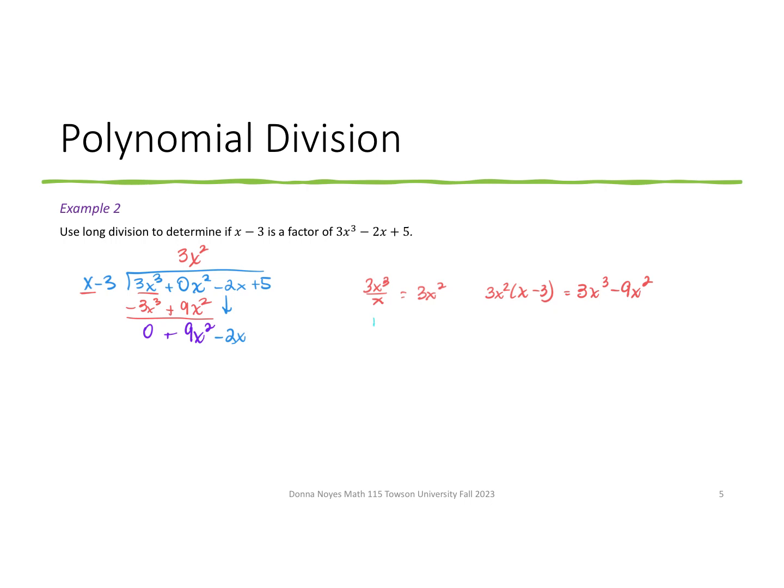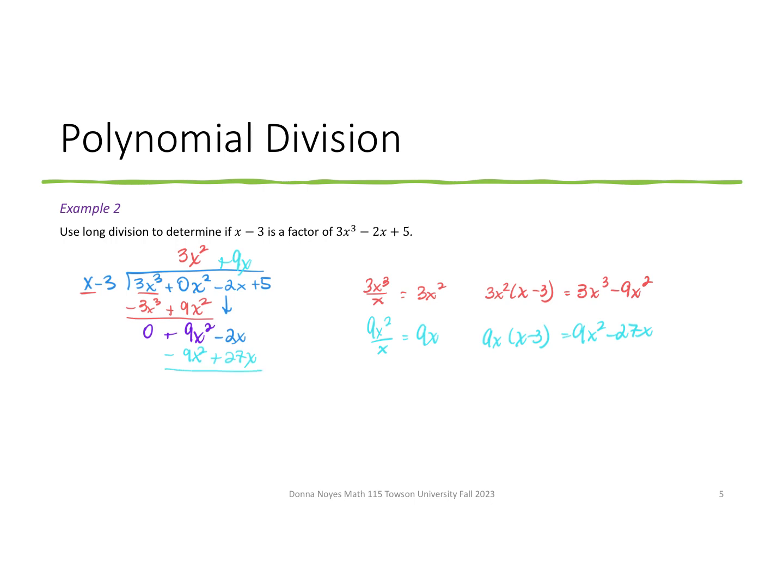And now let's figure out what the next term would be. So we would have 9x squared divided by our x, which is going to give us 9x. So plus a 9x. And 9x times x minus 3 gives us 9x squared minus 27x. And when we subtract that, we'll flip all of our signs so we get minus 9x squared and plus 27x.